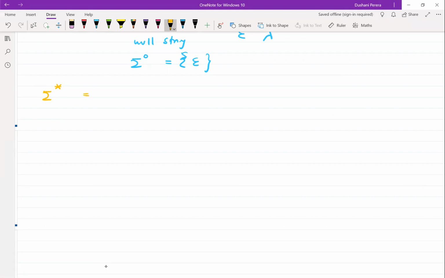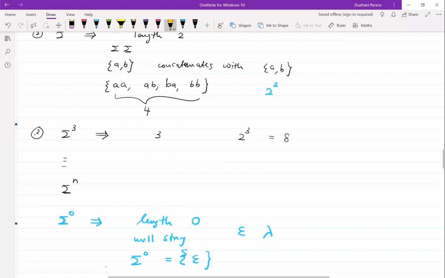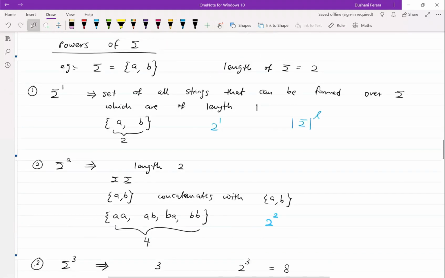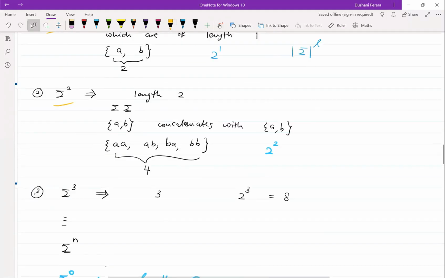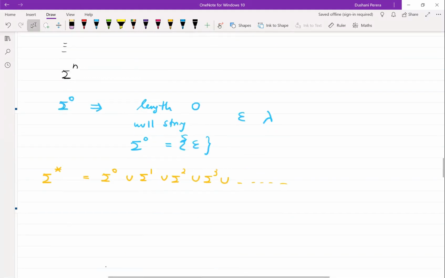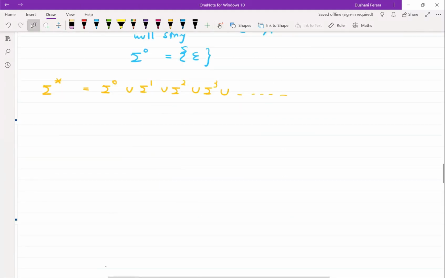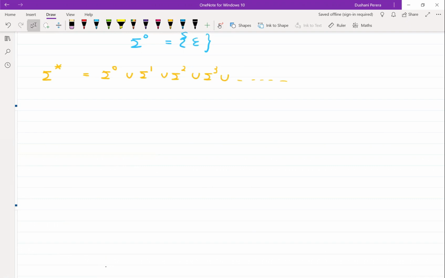So we say that sigma star is the collection, or the union, of 0, 1, 2, 3, and everything. It's the union of everything we spoke about here, and of everything that continues on like that.